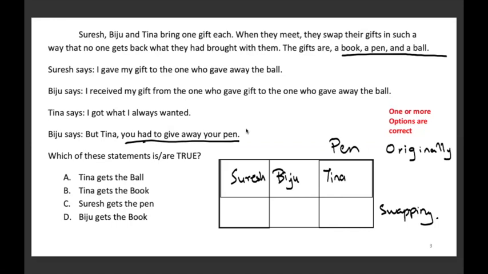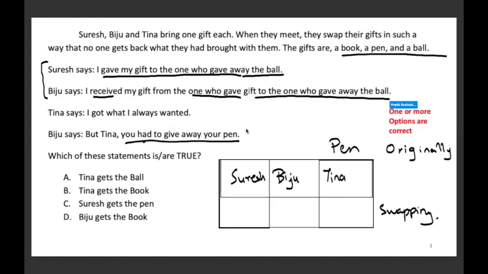Okay. Also, the statements between Suresh and Biju give us another clue. Suresh says, I gave my gift to the one who gave away the ball. And Biju says, I received my gift from the one who gave gift to the one who gave away the ball. So the one who gave gift to the one who gave away the ball was Suresh. So Biju received his gift from Suresh.